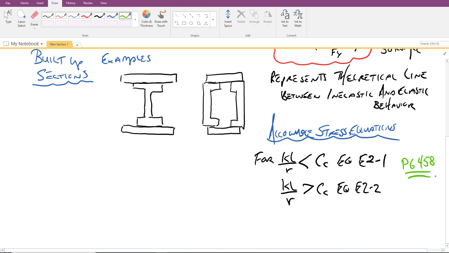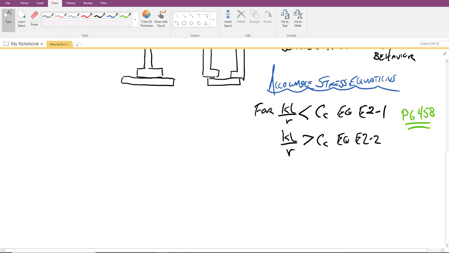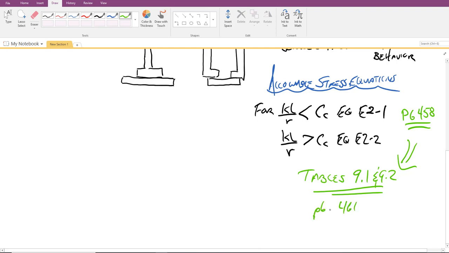Now, for those of you who really love equations, go ahead and use those equations. For the rest of us, there's a cool approximation that makes this process way easier. And if you go into your textbook and look at tables 9.1 and 9.2, those show up on page numbers 461 and flip the page over, page 462.